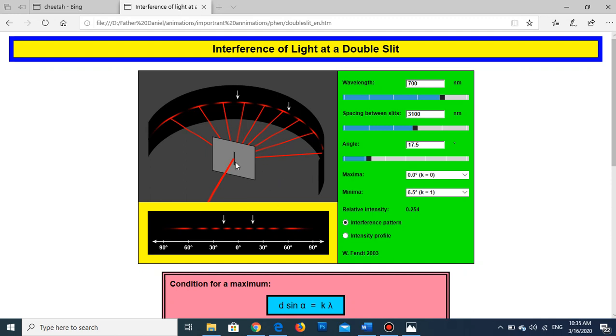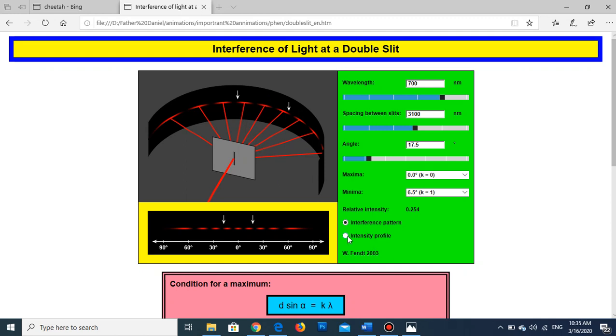So to make a reference, this setup is called Young's experiment. Whenever I talk about Young's experiment, this means that the light reaches the midpoint of the two slits, the slits are separated by a, and the distance between the slits and the screen is capital D, etc.